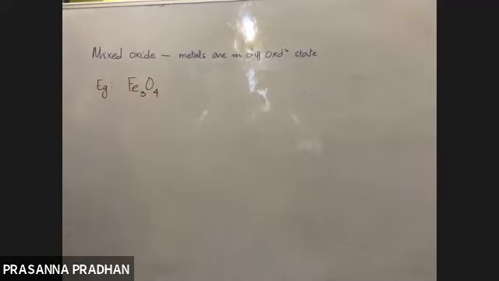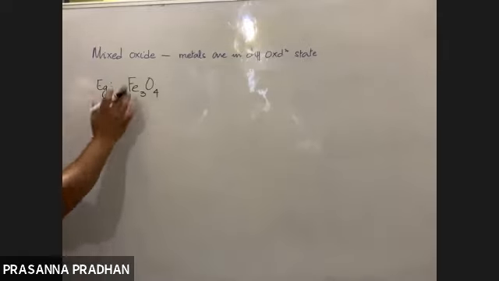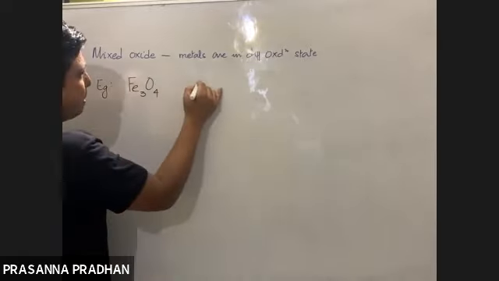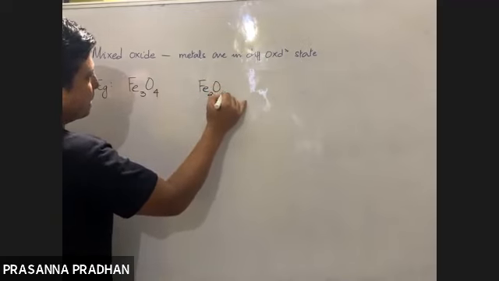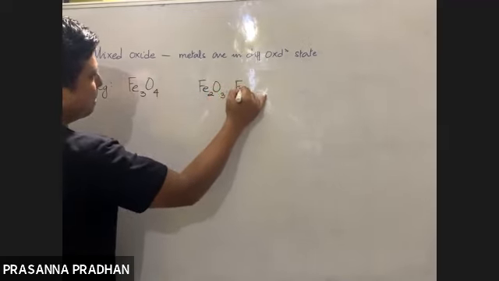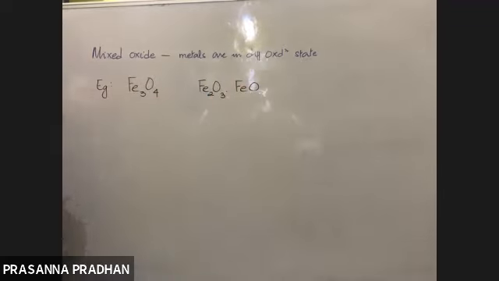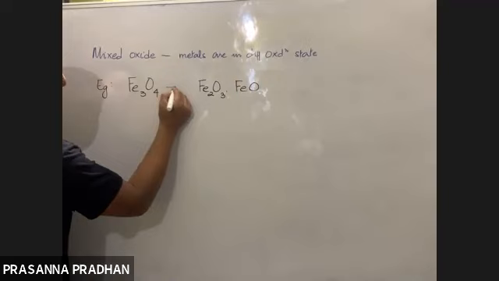Just listen, I just wanted to explain you. So Fe3O4 is an example of a mixed oxide. यहाँ पर actually दो oxides, Fe2O3 and FeO. Okay, it's a mixed oxide. Fe3O4, it's a mixed oxide.